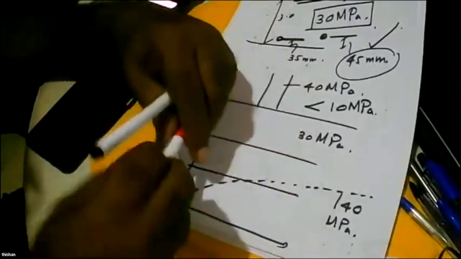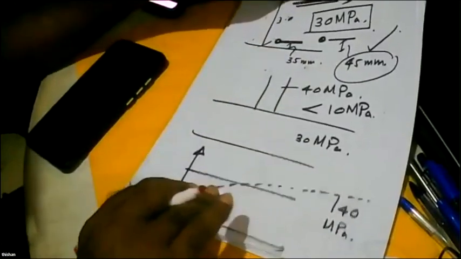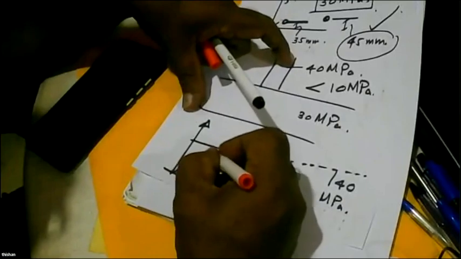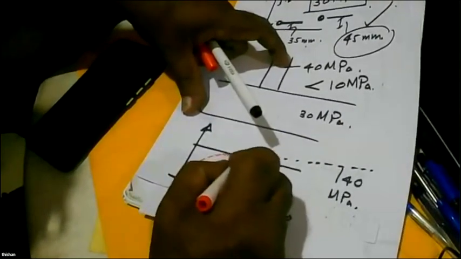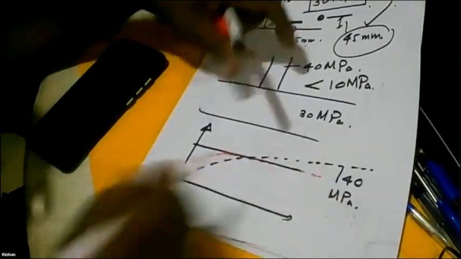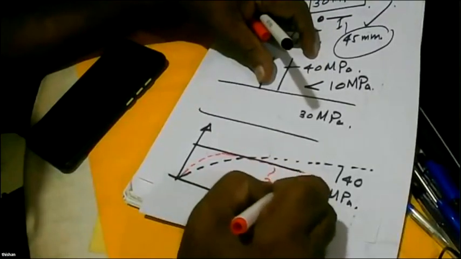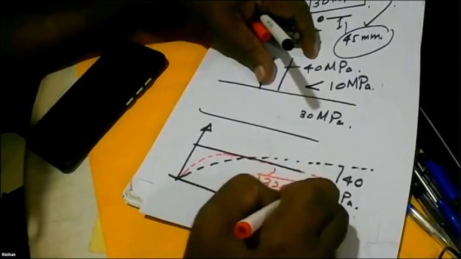On the other hand, I made a mix without fly ash. Here you can see 320 mix. What is the path it takes? It will go like this. So you might have temperature problems, but it might go very flat. So this is 320 cement concrete.